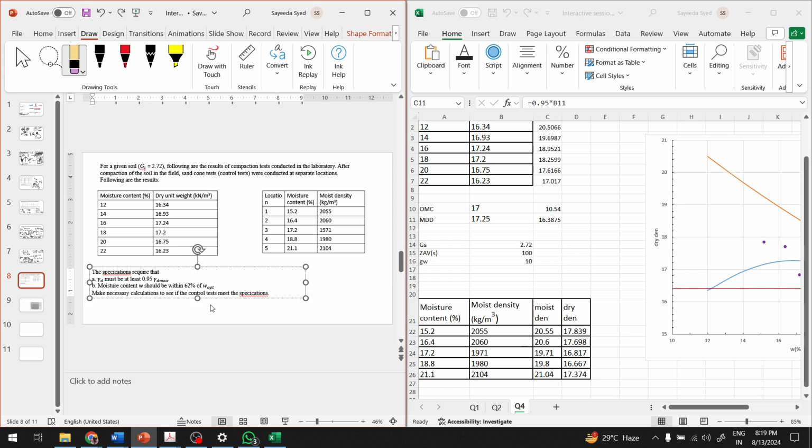It should be within 2% of this, so I will multiply this by 2.